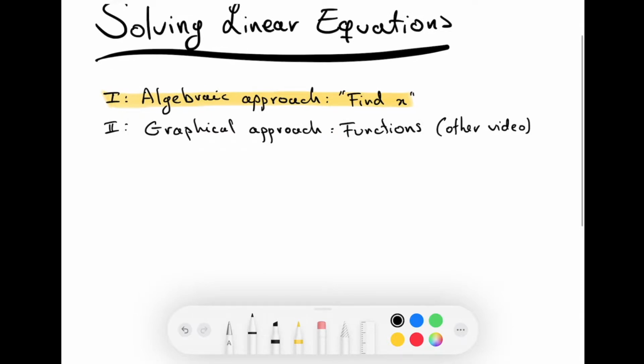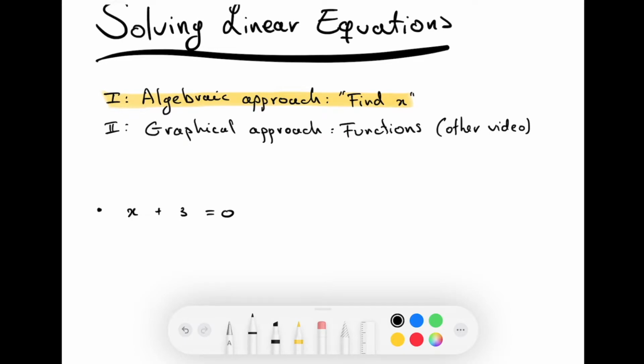So with that out of the way, let's go into the first exercise, which is just x plus 3 is equal to 0. Now, without doing any mathematics, we can already see that if x is equal to minus 3, this equation holds. And that's exactly the intuitive approach of this algebraic view of things.